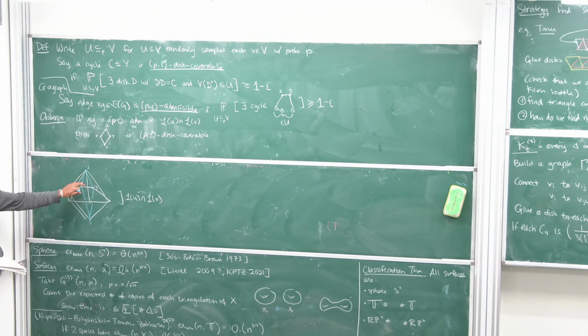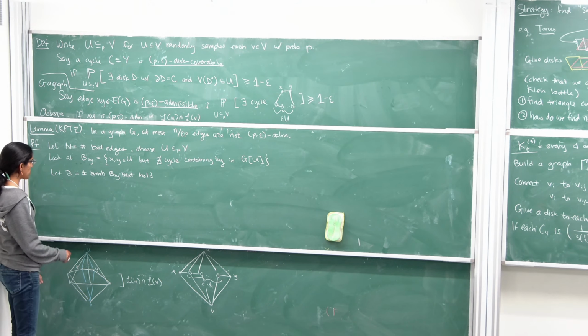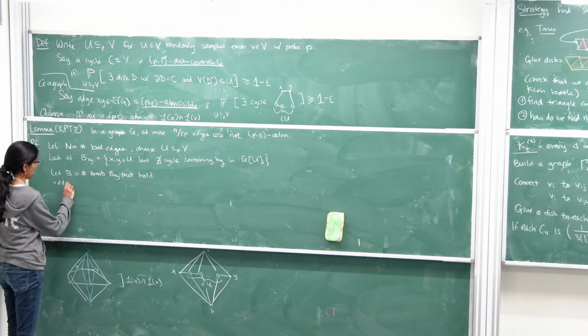So the first observation is that if we look at all of the edges for which the bad event holds, those edges have to form an acyclic subgraph of the induced subgraph on U. And the reason for that is because each edge for which this holds is not in a cycle in the induced subgraph on U.